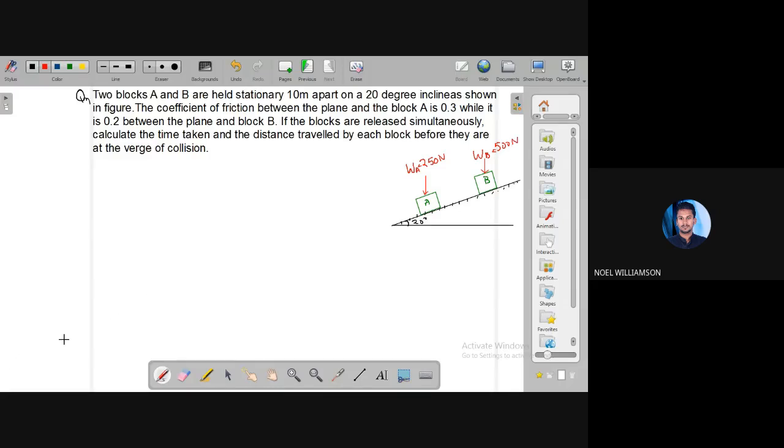The distance between them is 10 meter. So take down the question.